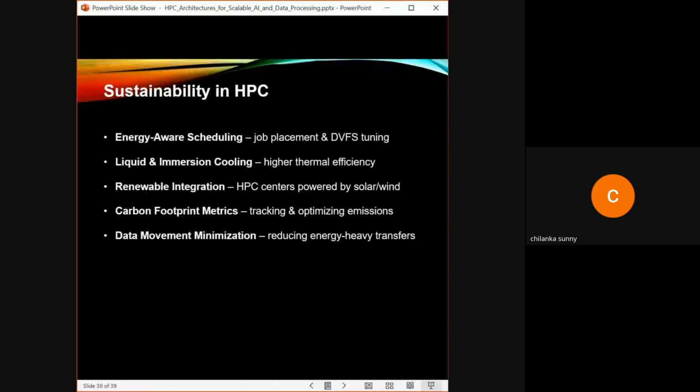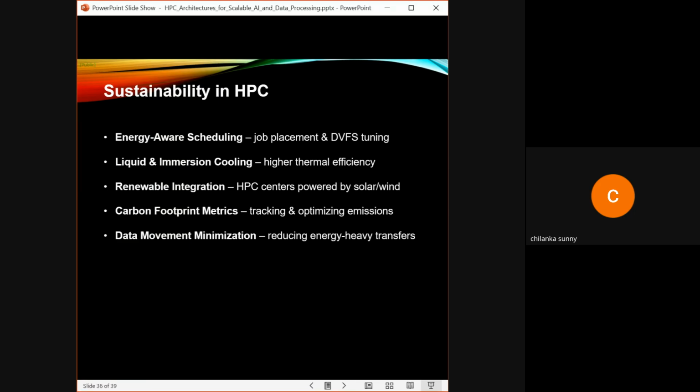And we can't wind this up without talking about sustainability. Energy is now a first-class design constraint. We should go for energy-wise scheduling, and we have cooling that shifts to direct liquid and immersion, reducing the fan and pump energy and enabling denser nodes, and renewable sources, where we can scavenge energy, like the European supercomputers running on hydro and wind.